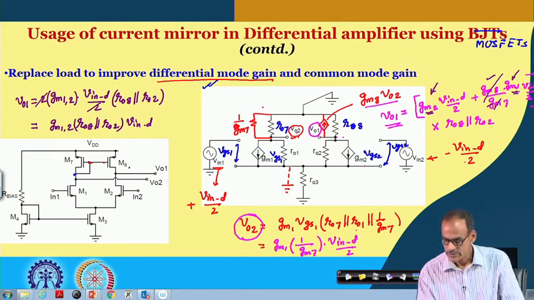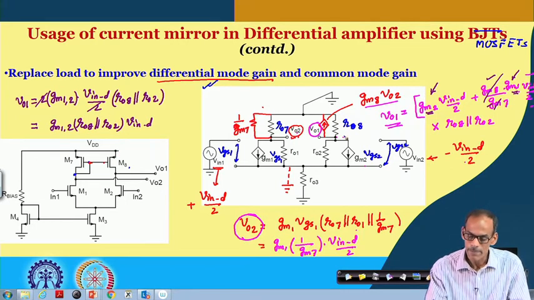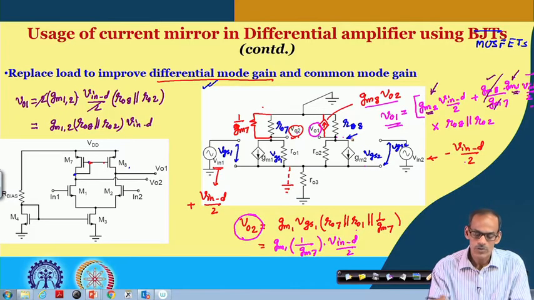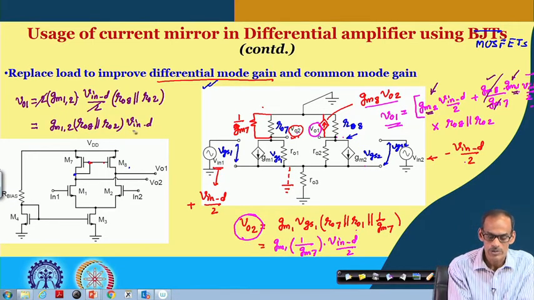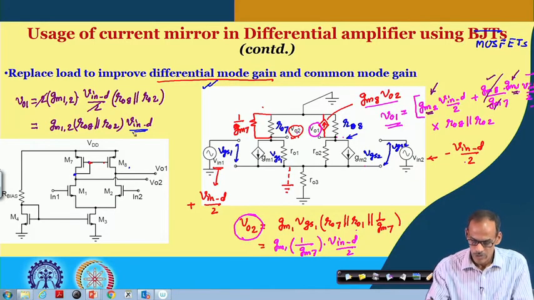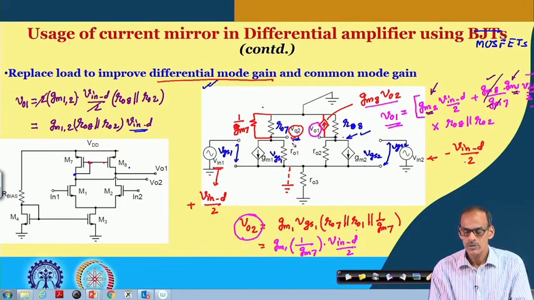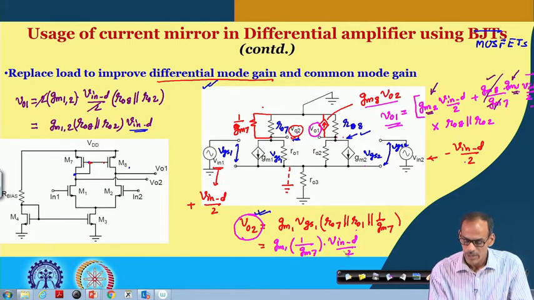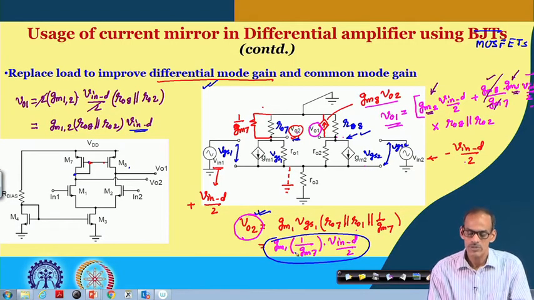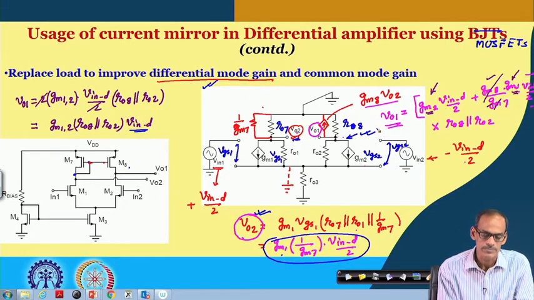This is very interesting: the signal here, compared to the previous case, got doubled. Earlier we obtained the signal here and the signal here with equal amplitude, but of course in opposite phase. On the other hand, now the signal here is much smaller. The gain here is approximately equal to maybe 1, if GM1 and GM7 are equal. But the signal here is much higher, or it is getting doubled.